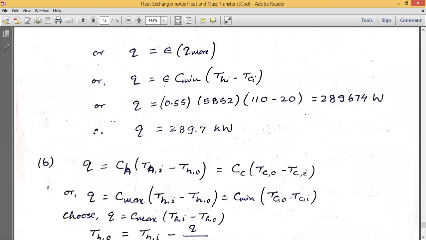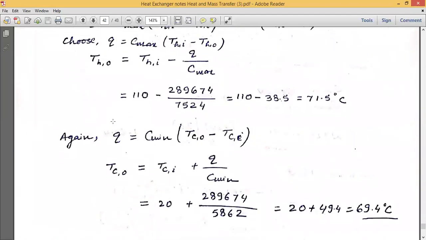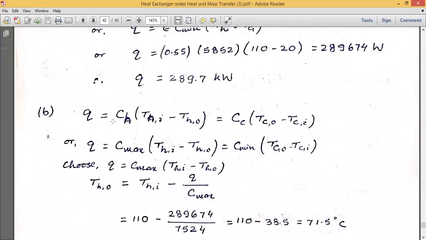Now we need to determine the remaining temperatures, that means the outlet temperature of both streams, hot and cold. So how will we calculate it? By doing the energy balance. What will be the energy balance? m Cp delta T for the hot fluid is equal to m Cp delta T for the cold fluid.